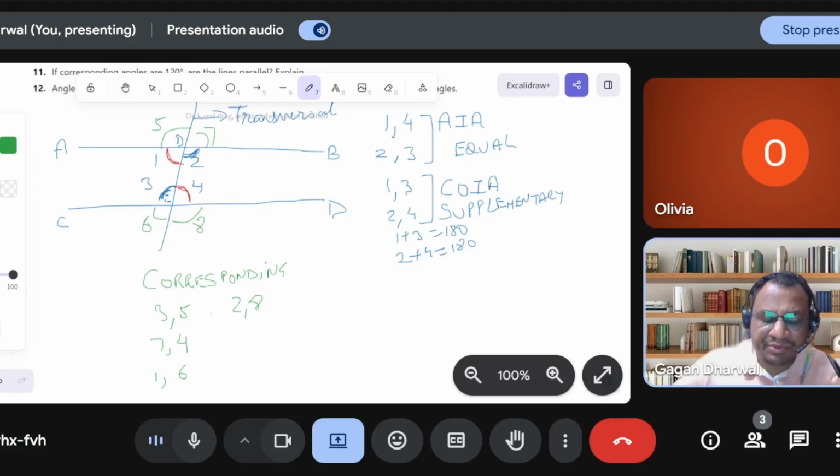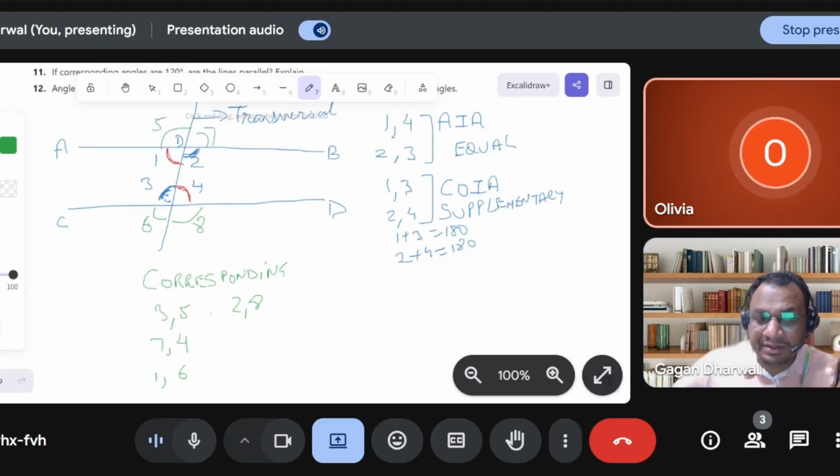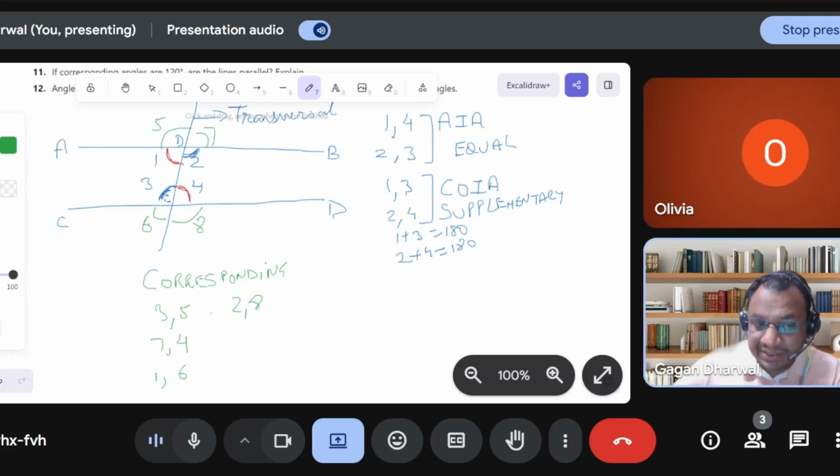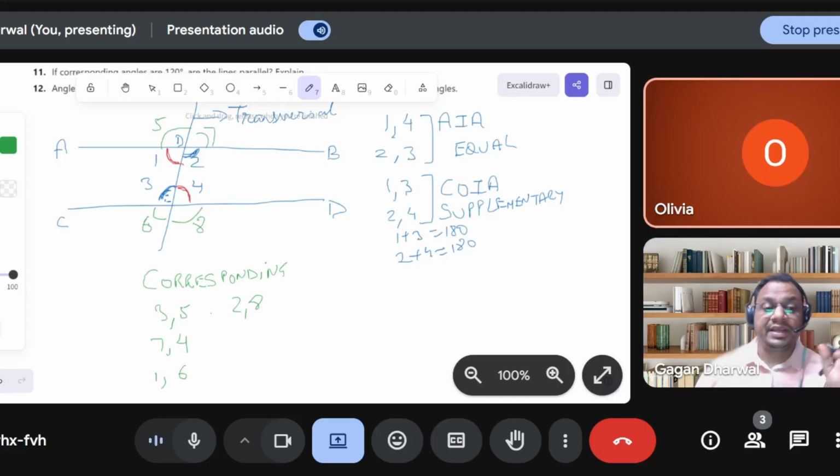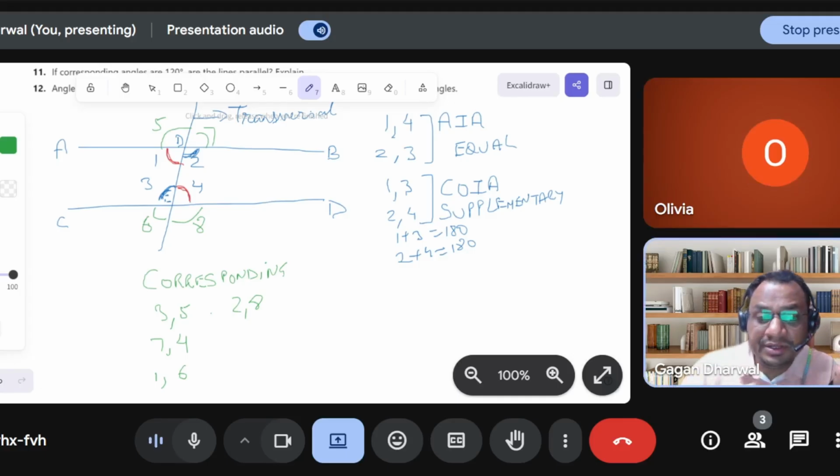One angle has to be outside the parallel lines and one angle has to be inside the parallel lines. That's the first condition. Second condition is there should be a gap between both the angles. They shouldn't be just lying next to each other. Otherwise, they will form a linear pair.